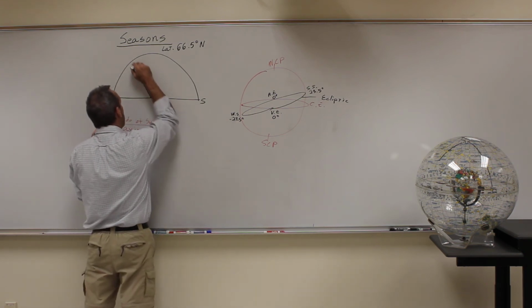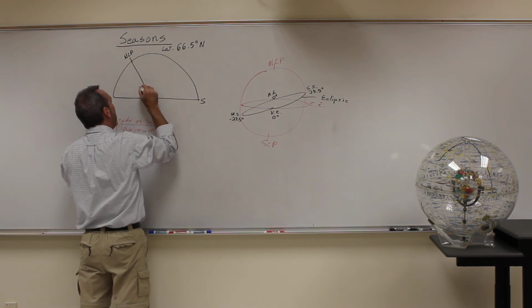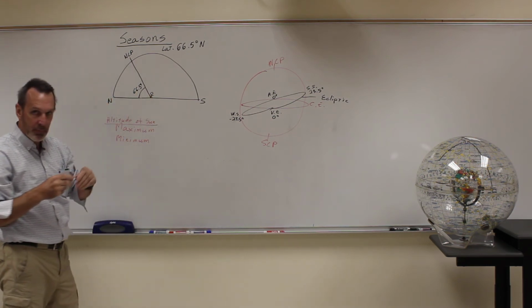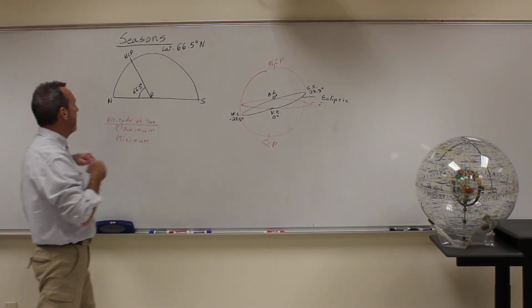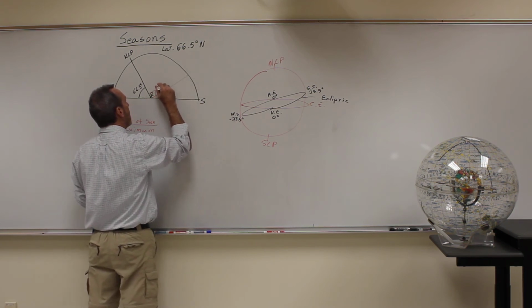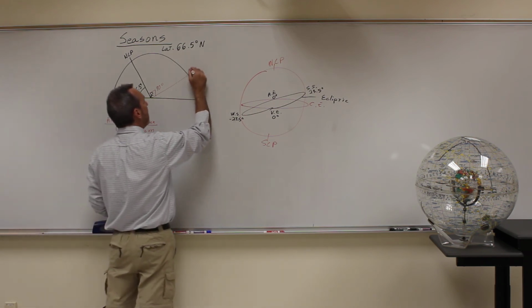So right up here, this is going to be the north celestial pole. That angle is 66.5. Remember, that's always equal to your latitude. And then from there, I'm going to go 90 degrees. And that's going to be the celestial equator.